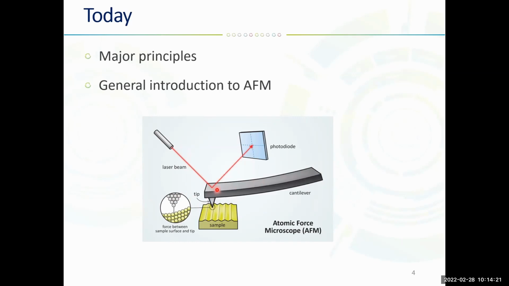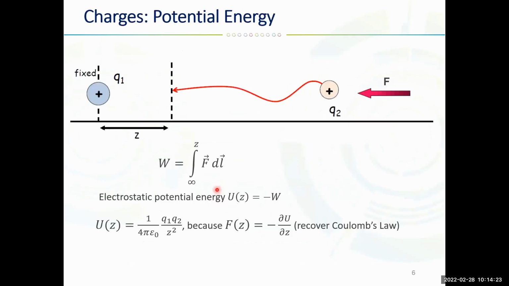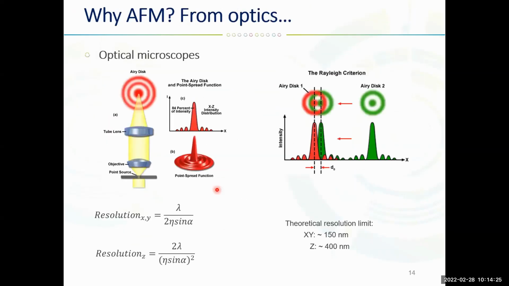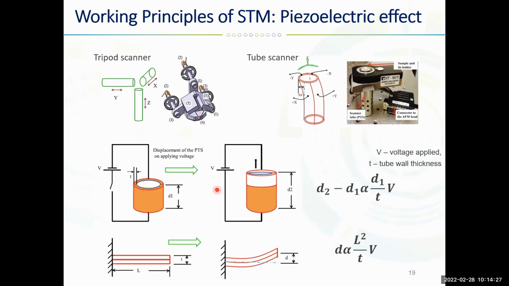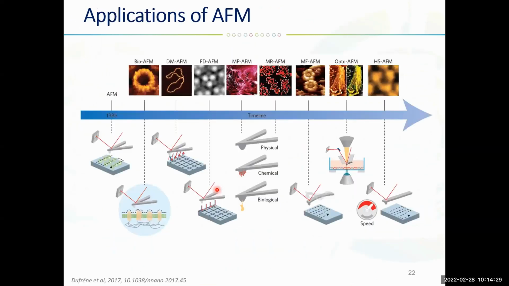So high-speed AFM tries to overcome all these drawbacks. First of all, the cantilevers that are used in high-speed AFM have a different spring constant, and that is how this gap is narrowed.